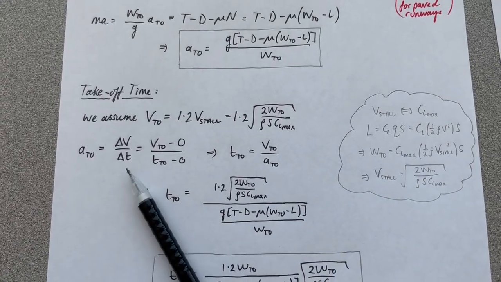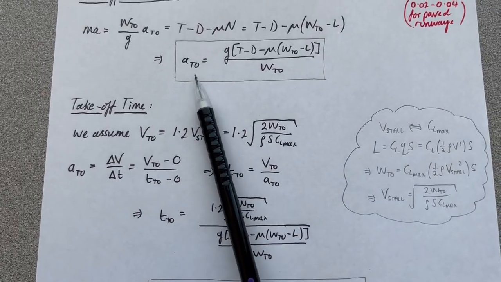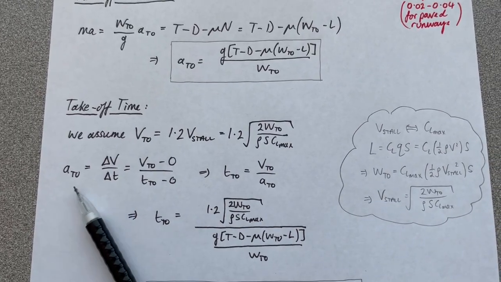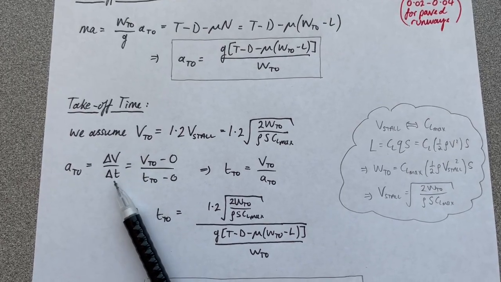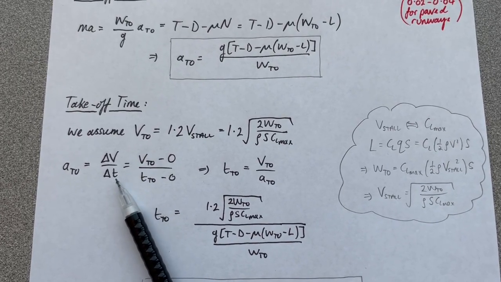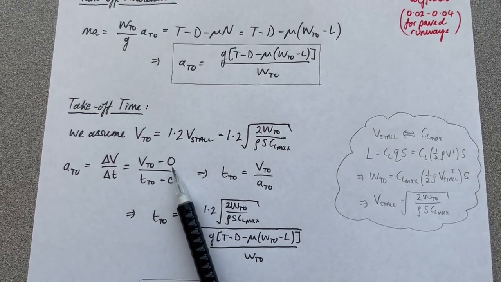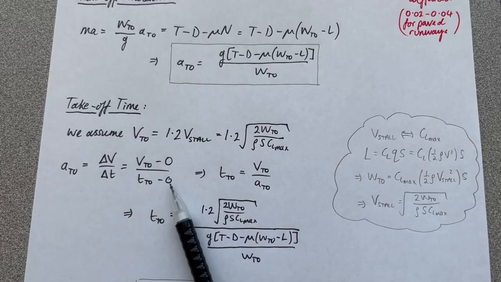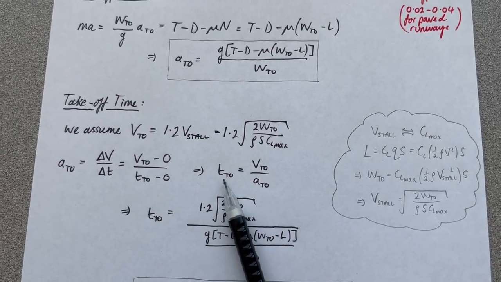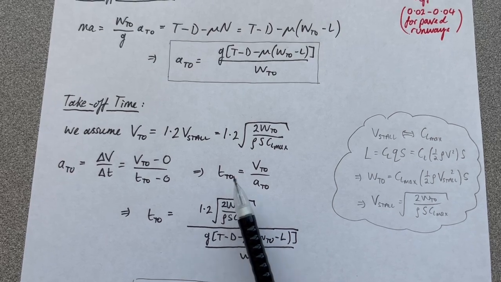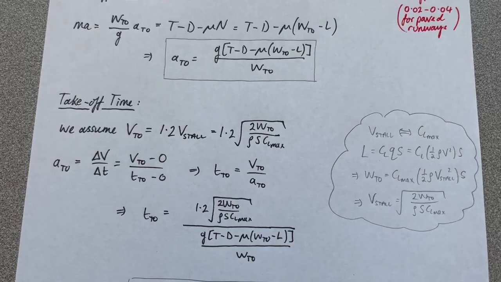So then if we note that our takeoff acceleration that we just calculated the expression for up here is just the change in speed over the change in time, delta V over delta T, and we're assuming that we start off stationary, so with 0 velocity at time t equals 0, then rearranging this, we just get the time required to take off is just V over A takeoff.